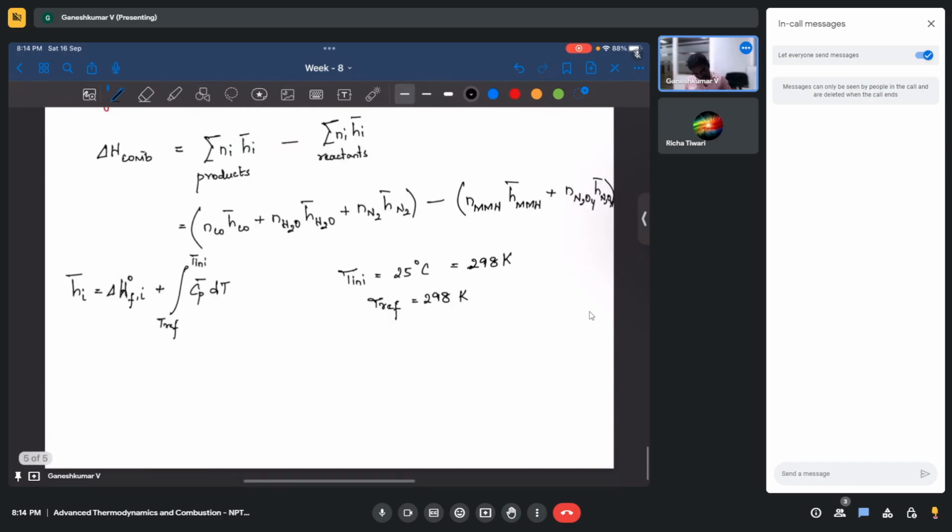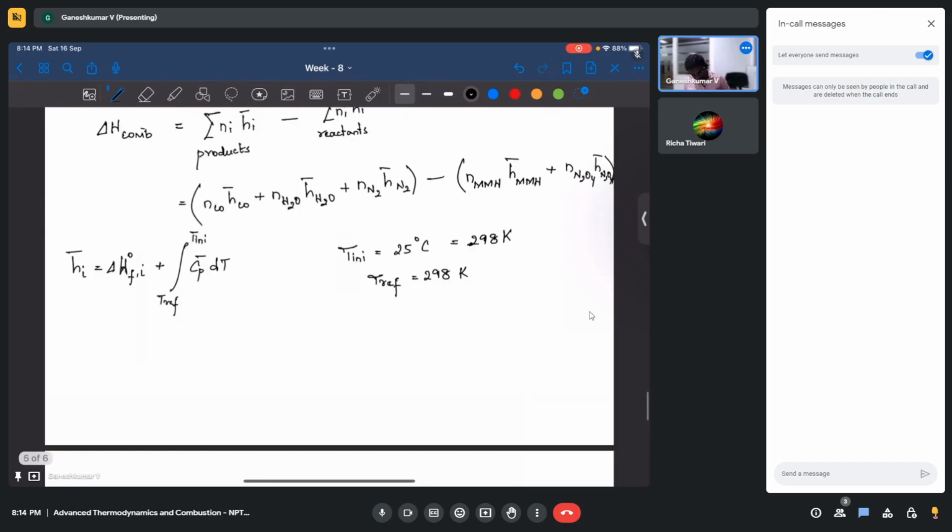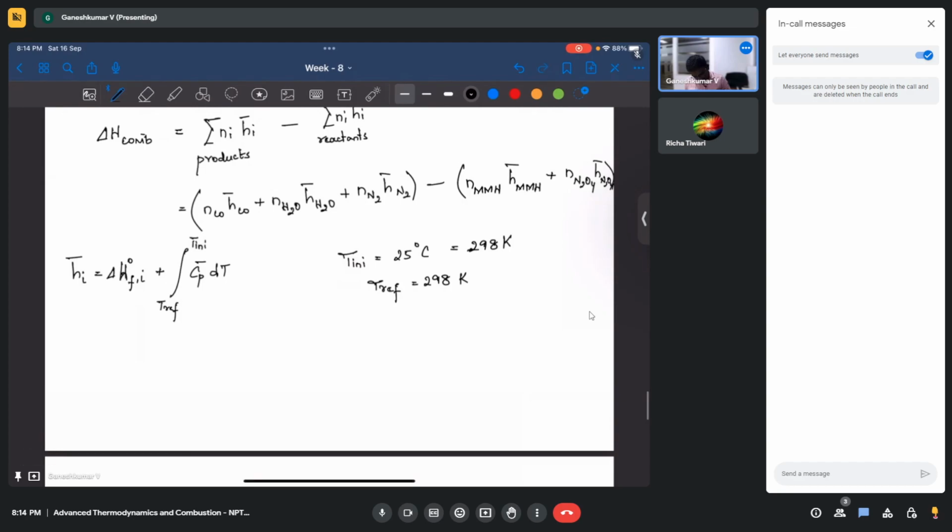So basically you would expect something like H bar of CO is nothing but delta HF naught of CO. I have data for this, it can be taken from the tables. Delta HF naught of CO is minus 110.54 kilojoules per kilomole.